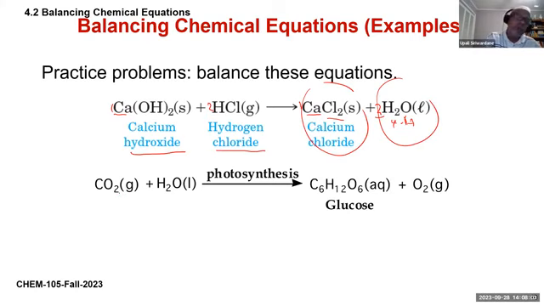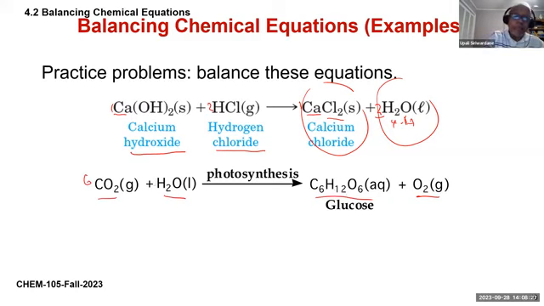Carbon dioxide with water produces glucose, and you can start balancing this equation, writing 6 here, 6. Then there are 12 oxygen and hydrogen atoms.